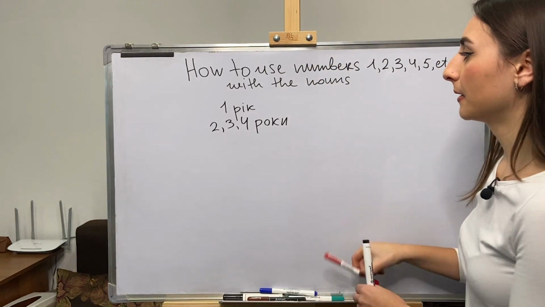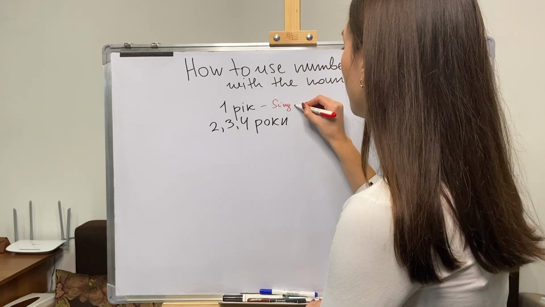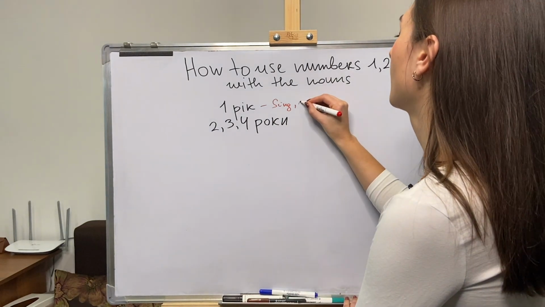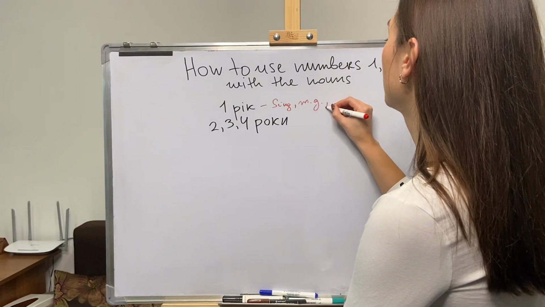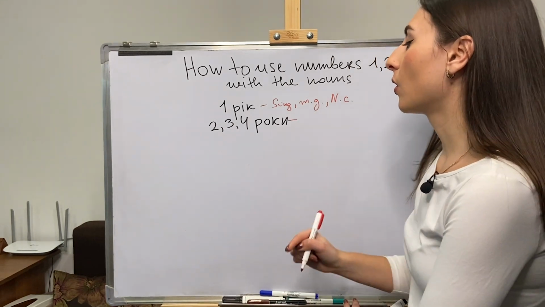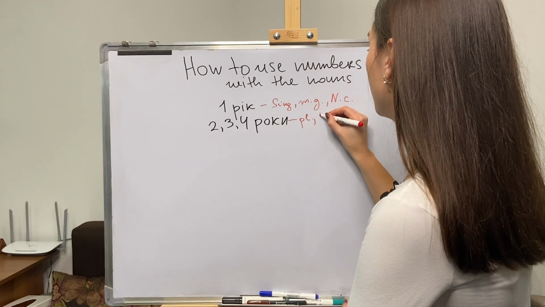Так? Рік, singular, year. It's masculine gender and nominative case. 2, 3, 4 роки, 2, 3, 4 years. It's plural and nominative case.